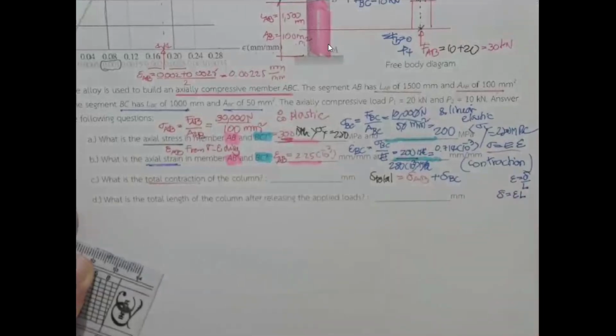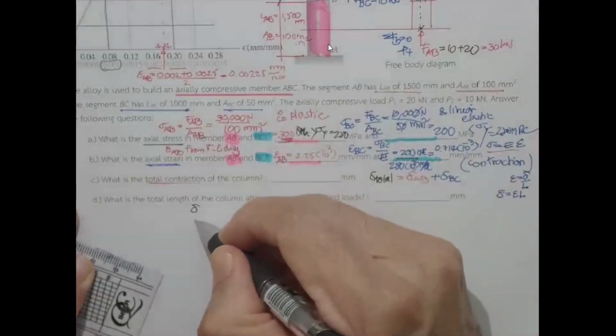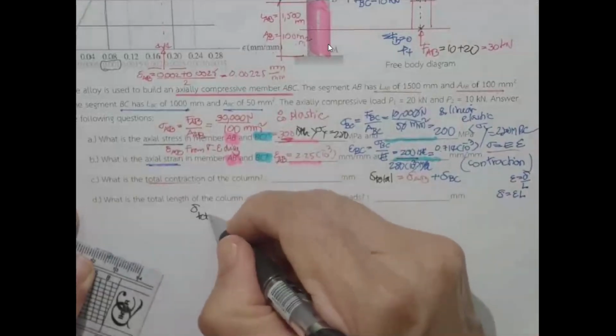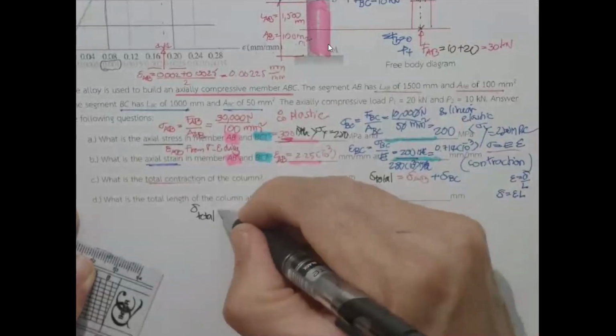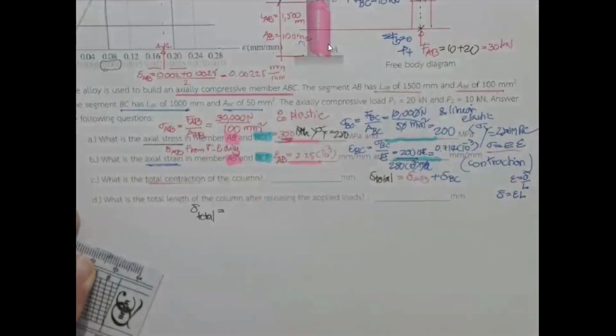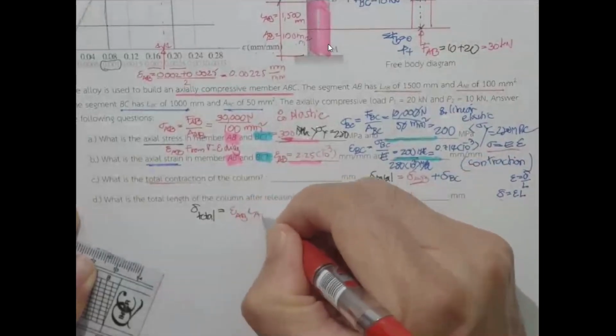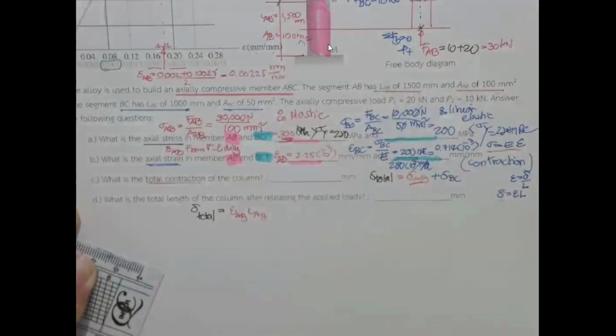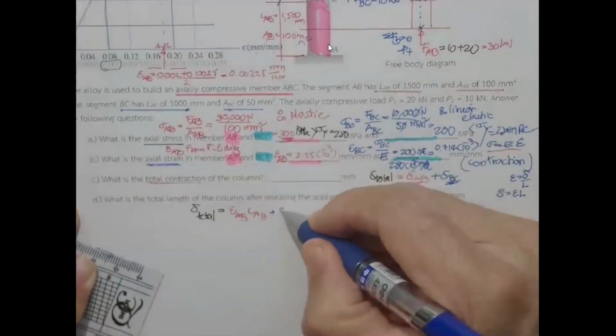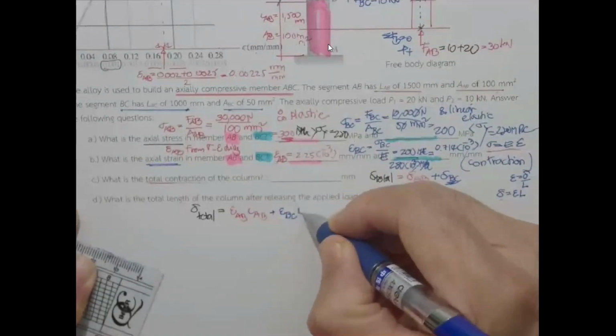So delta total is equal to strain AB times L sub AB, plus strain BC times L sub BC.